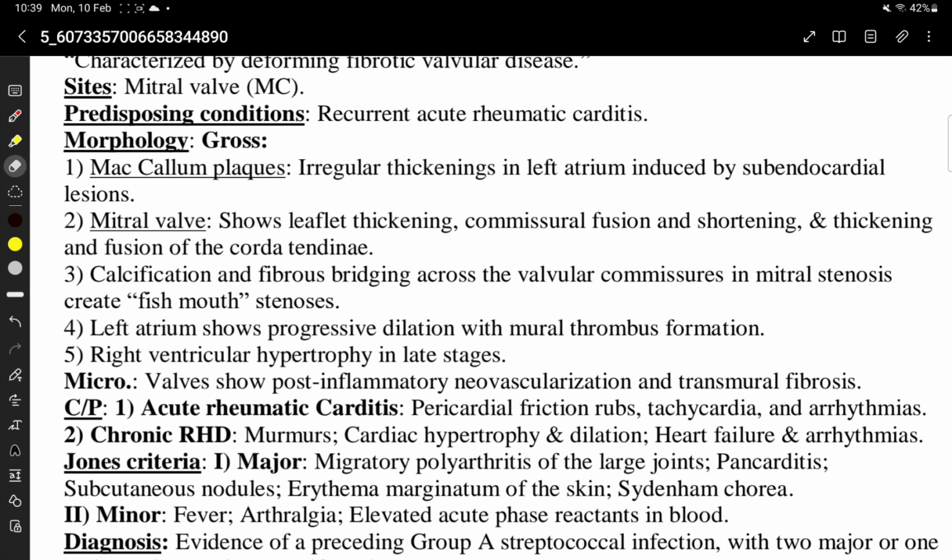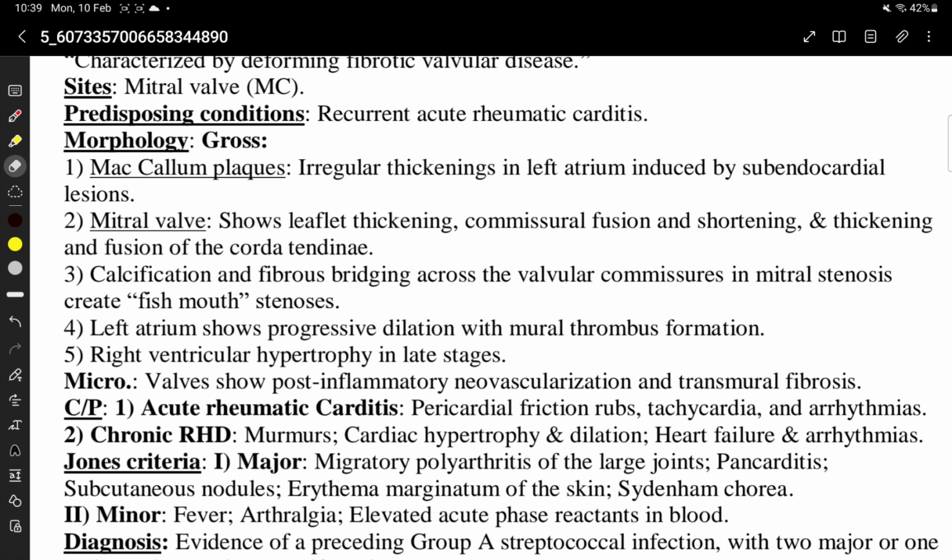McCallum plaques are irregular thickenings in the left atrium induced by subendocardial lesions.